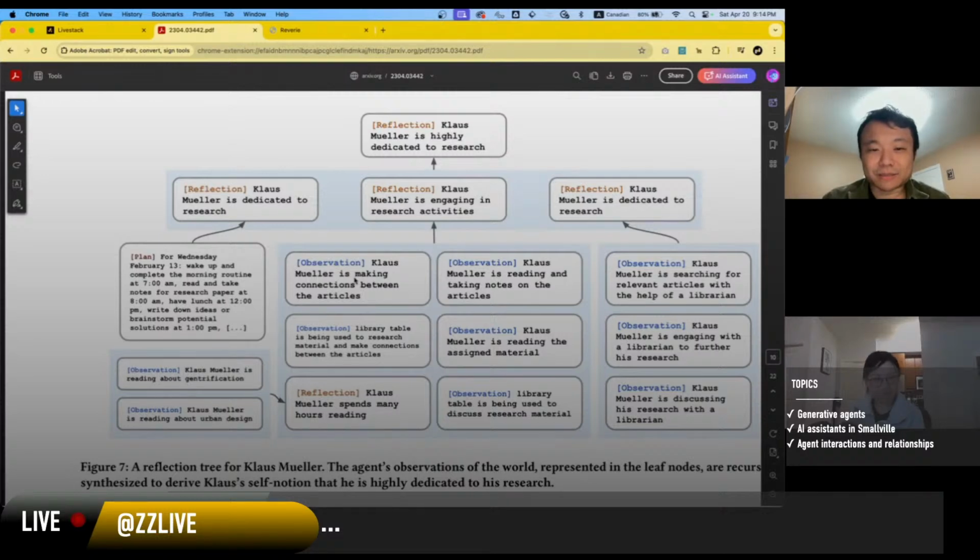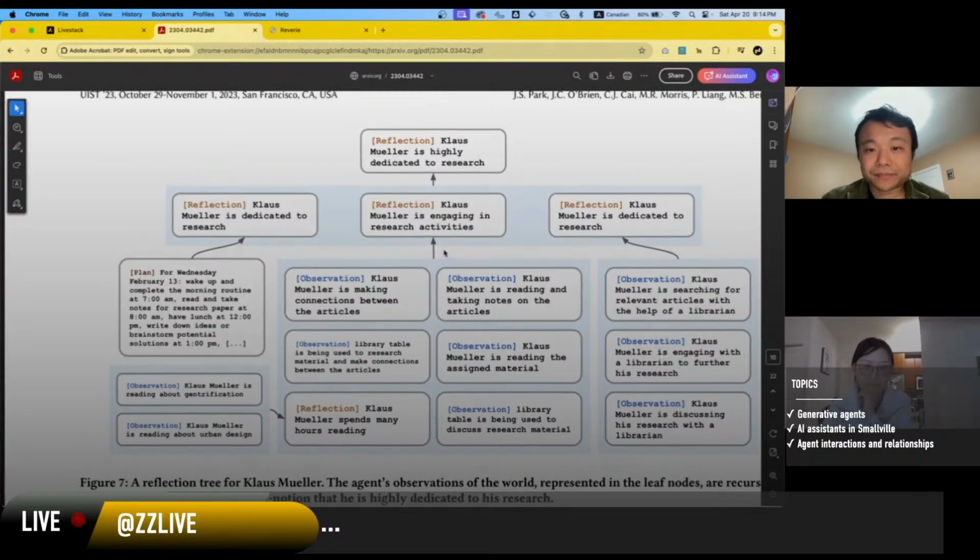And then based on these, Klaus Mueller is making connections between articles because the library table is being used for research material. Klaus Mueller is reading and taking notes on an article. Klaus Mueller is reading the assignment material. The library table is being used to discuss research material. Klaus Mueller is engaging in research activity. This is summarized.